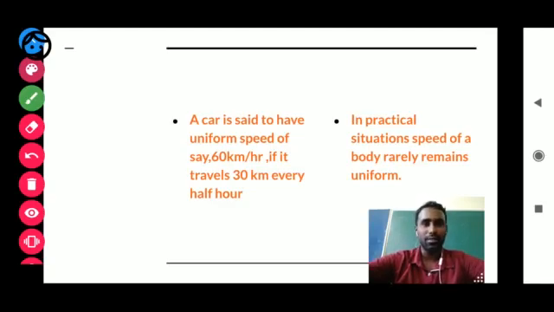We go through different streets, different corners will come, different speed breakers will come. So you are not moving the vehicle at exactly the same speed. In practical situations, mostly we follow non-uniform speed only. Here I mentioned that in practical situations the speed of a body rarely remains uniform.